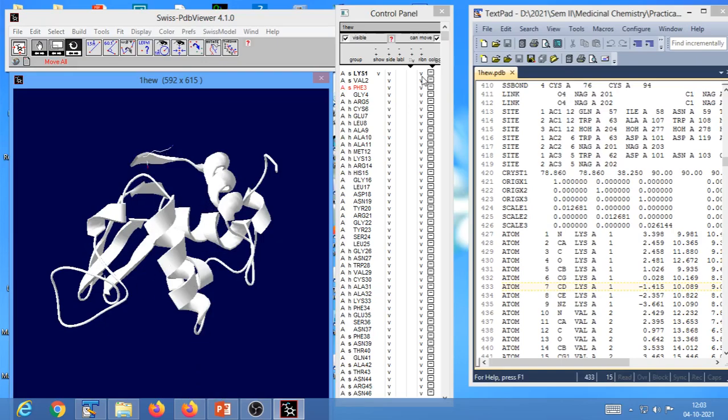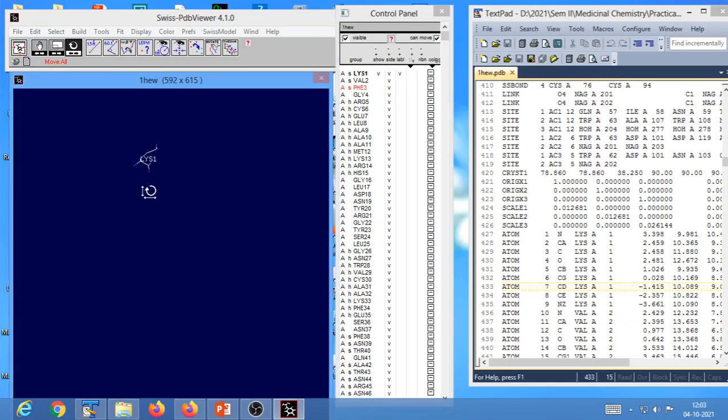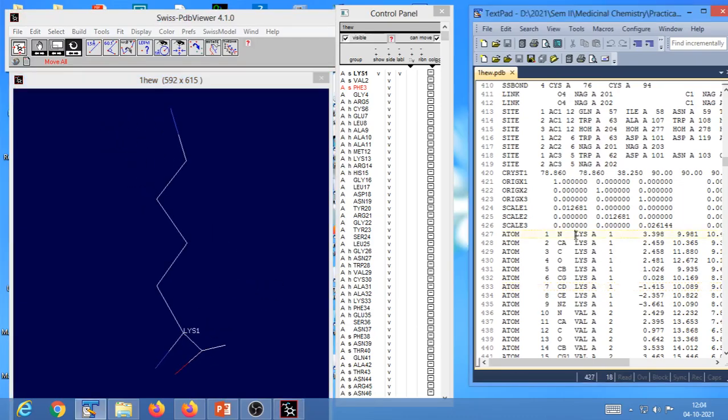Let me hide this ribbon and focus only on our lysine residue by labeling it. Here we have labeled our lysine group. Let us zoom on this lysine molecule. In this way, you have labeled this much portion of your PDB file.